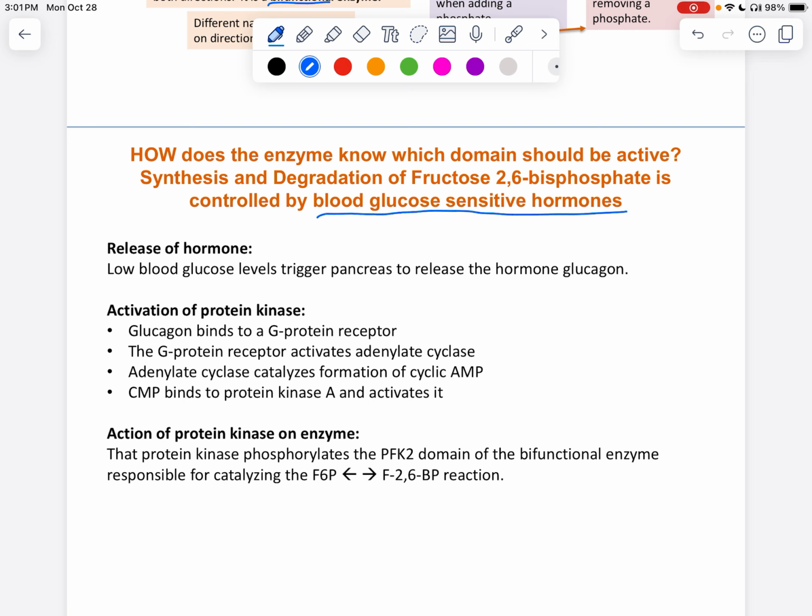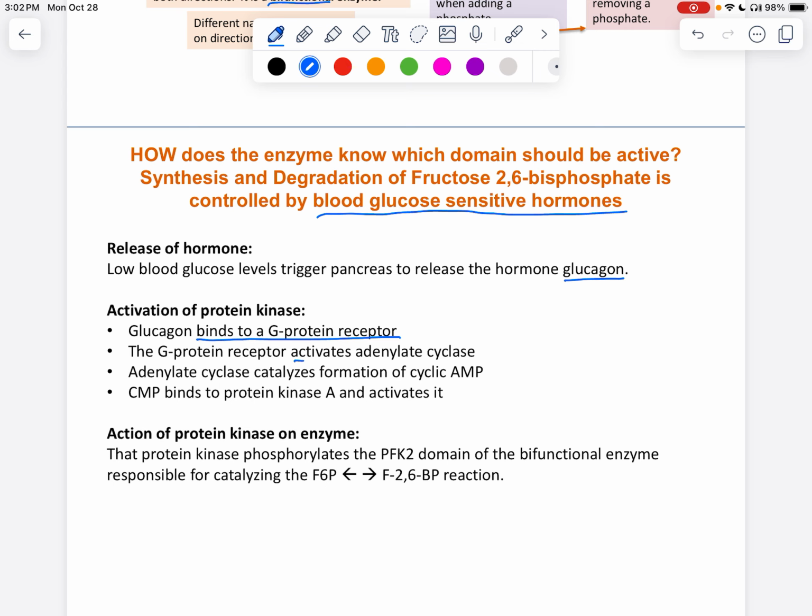So first, if you have low blood glucose, that's going to trigger your pancreas to release the hormone glucagon. That glucagon is going to bind to a G protein receptor.